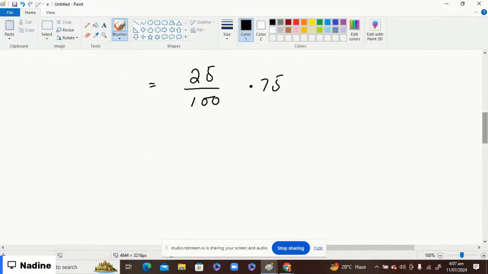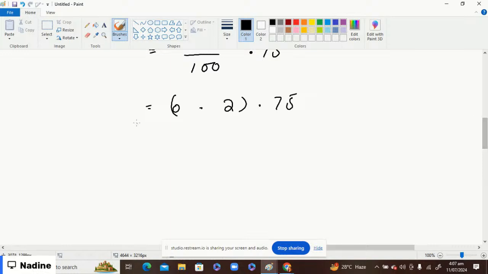This dot means multiplication. 20 over 100 is basically 0.2. Then you multiply with 75. So 0.2 multiplied with 75, then you get the answer, that is 15. So this is your discount.